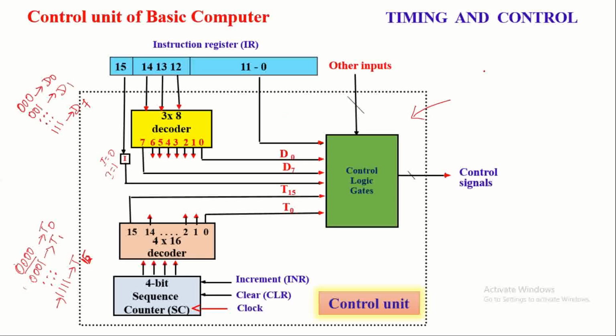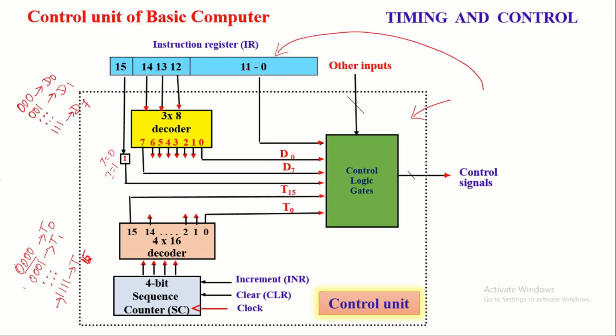Let us now discuss how this control unit decodes the instruction, and after that how it generates the control signals. Whenever an instruction is read from the memory, it is placed in the instruction register.